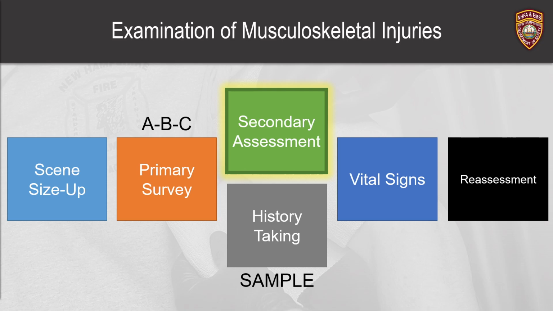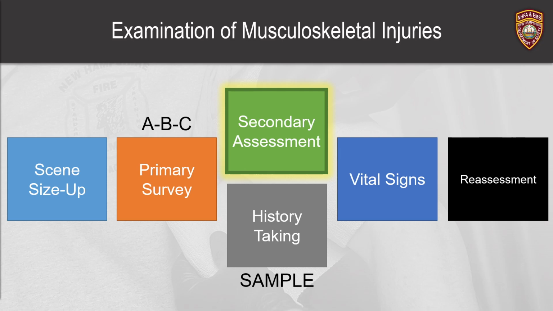In this case, we are more concerned about our secondary physical assessment for this patient than we are about history taking, because for the time being, we have physical trauma concerns, and we want to address those first. We're absolutely still going to take a SAMPLE history, but we're going to do our head-to-toe assessment first.